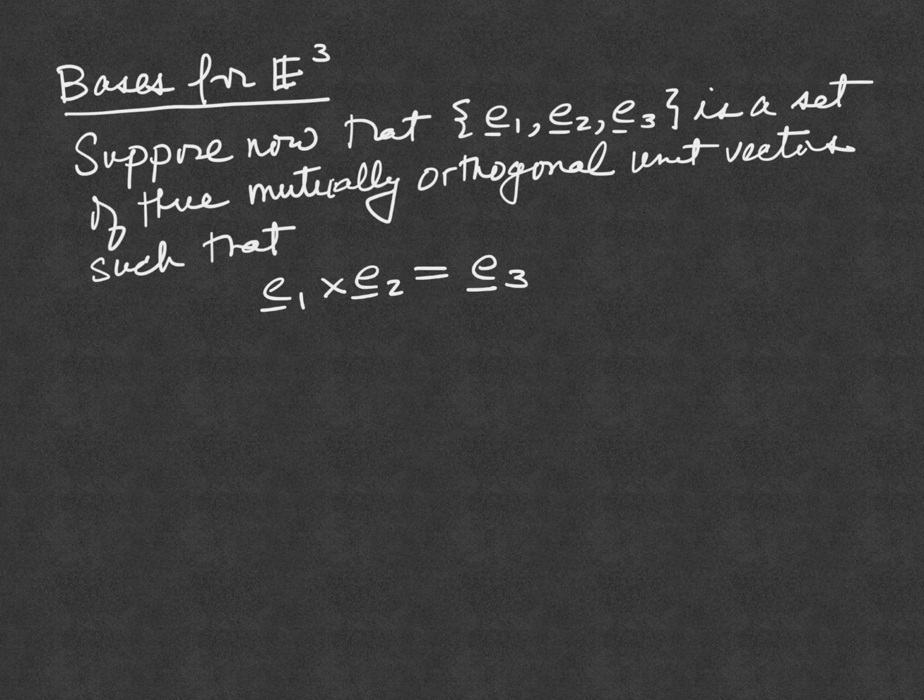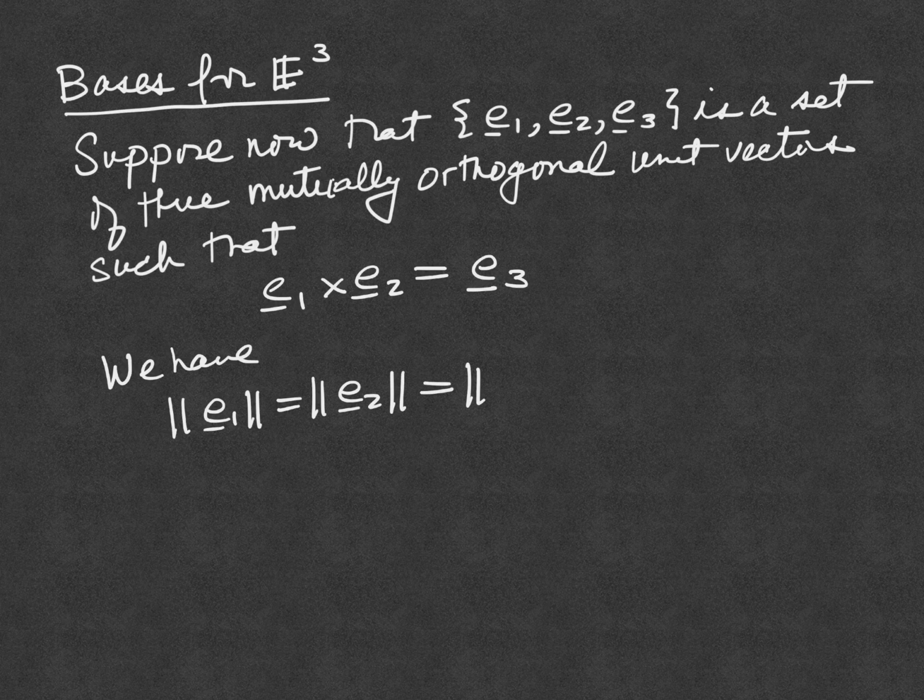So what that means is that because these are all unit vectors, the magnitude of E1 has to equal the magnitude of E2 has to equal the magnitude of E3, which is equal to 1. But because it satisfies this condition that E1 crossed with E2 is equal to E3, it actually satisfies the right-hand rule. So this is what this set looks like.